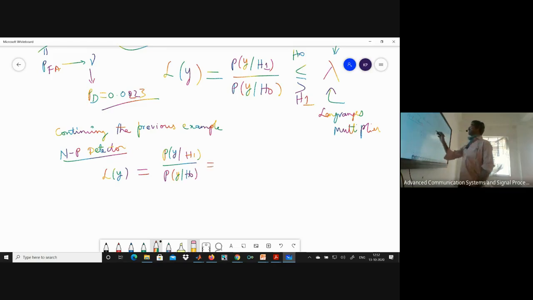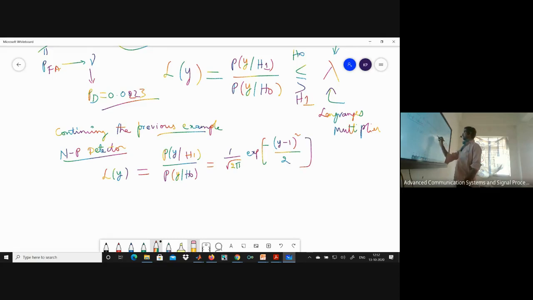For the previous example, this will be 1 upon root 2 pi, sigma square is 1, exponential of minus (y minus 1) whole square by 2.